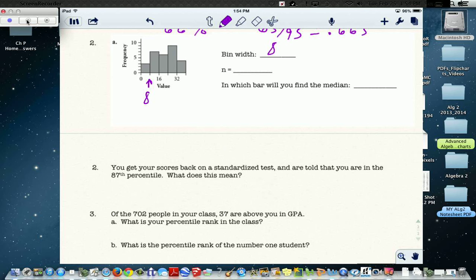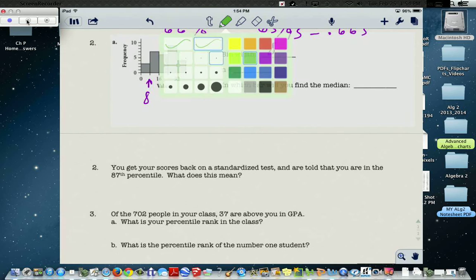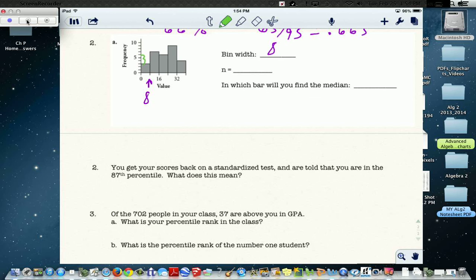And if we carefully go across here, this looks like there might be three, 5, 6, 7 there. Looks like 6 there, probably 9 there, and 4 there. So if I add those up, 3 plus 7 is 10, 16, 25, 29.